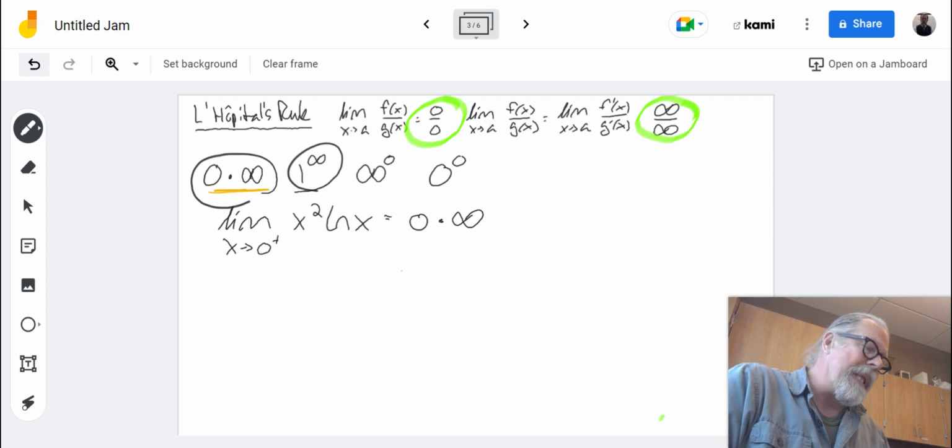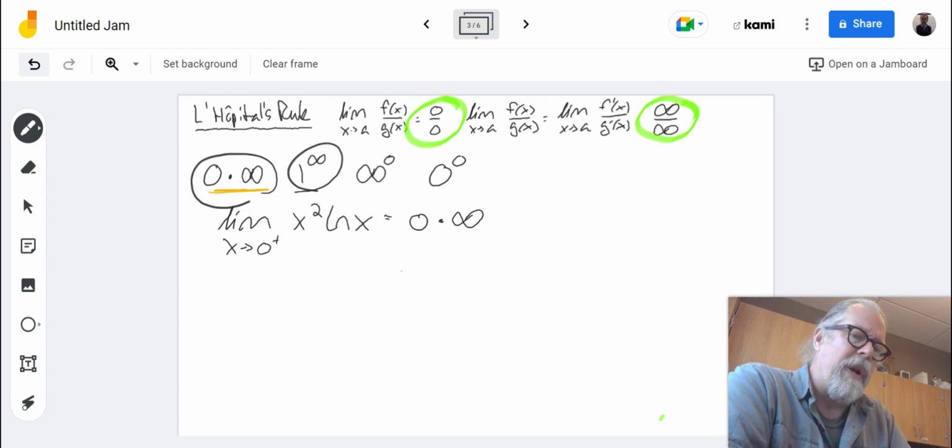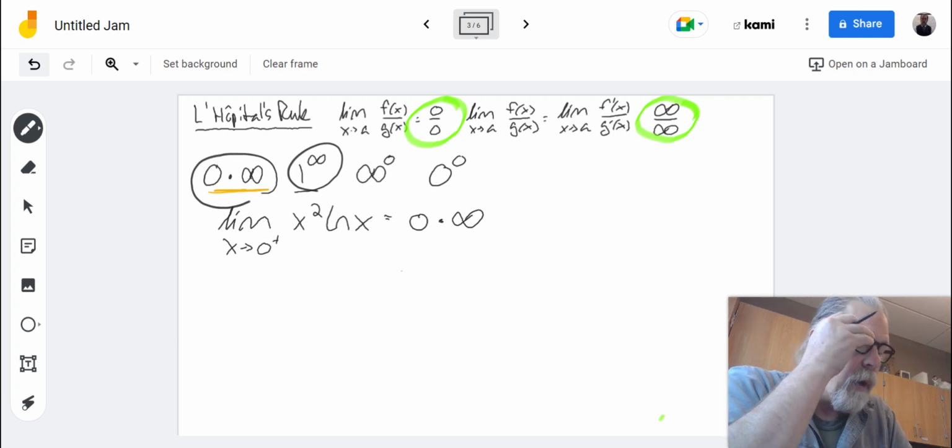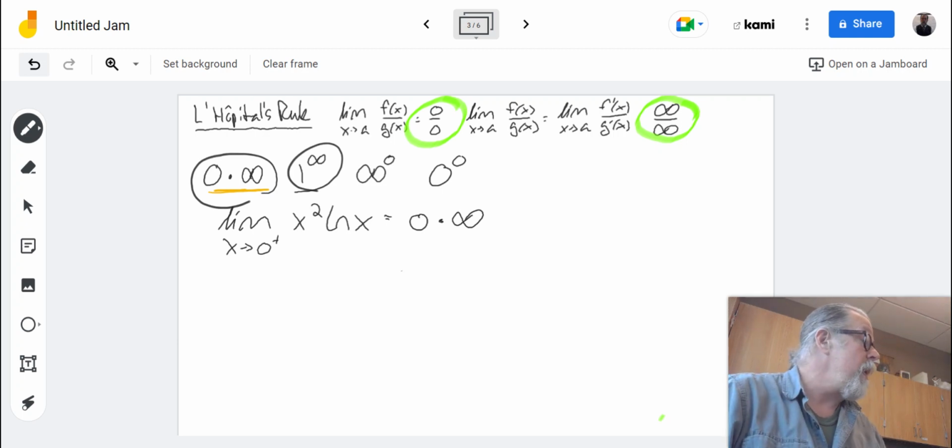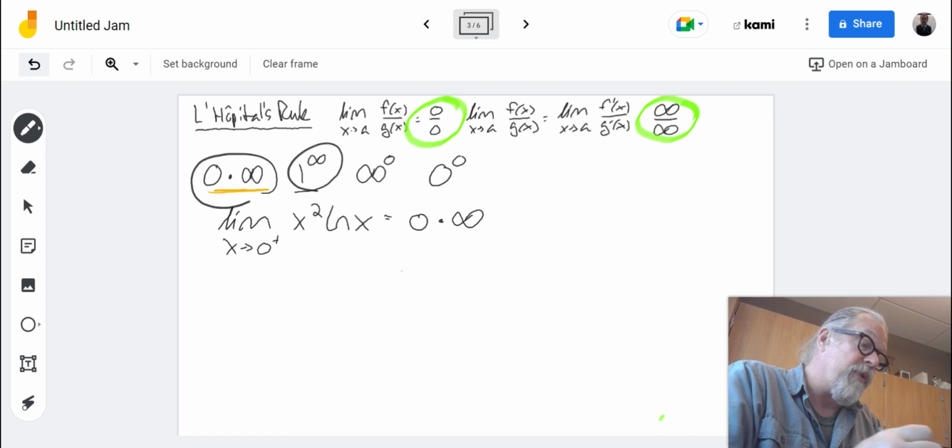So we'll start with the limit of x squared natural log of x as x goes to 0 from the right. You'll notice x squared goes to 0, natural log of x actually goes to negative infinity, doesn't matter. And so what we want to do is figure out how to rewrite this function so that it looks like either infinity over infinity or 0 over 0.